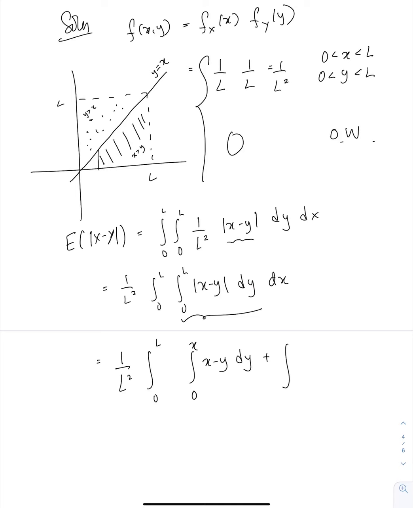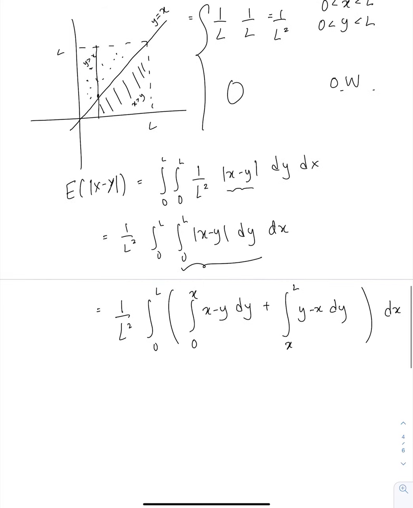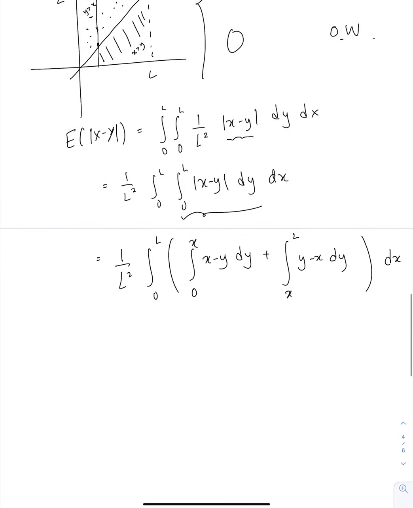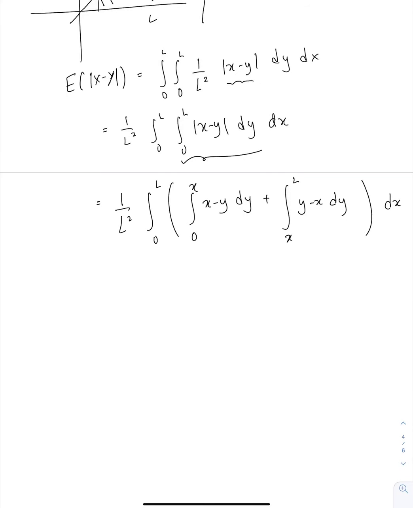Or when y is from x to L, y is bigger than x, so you have y minus x. That's exactly what would have come up had you just done this double integral using the picture from above. And you have this. Okay? So you can evaluate each one of these insides. And what do you have?